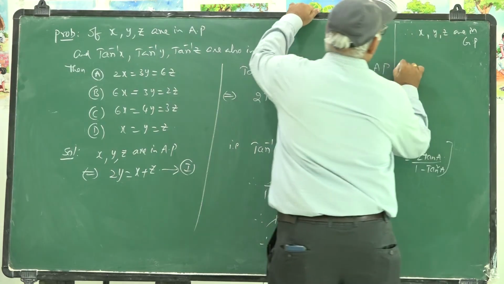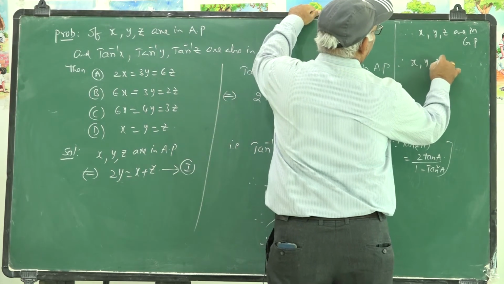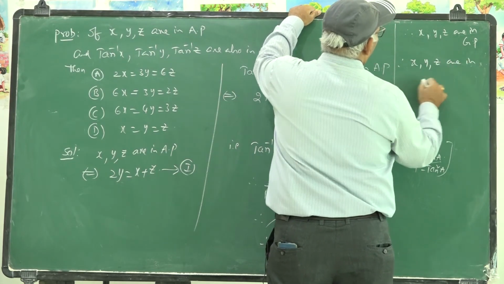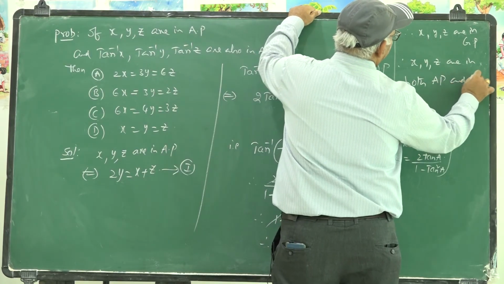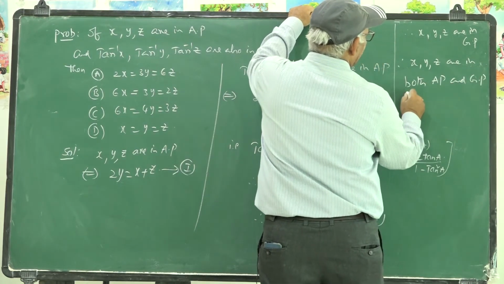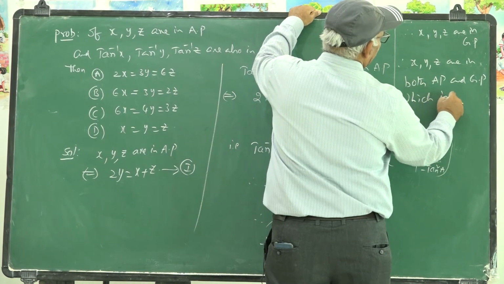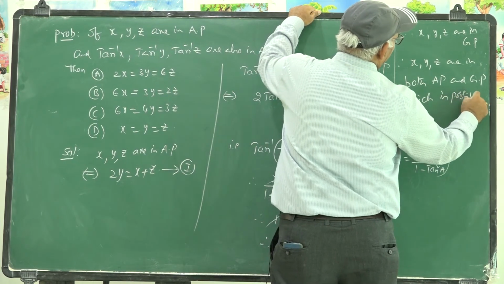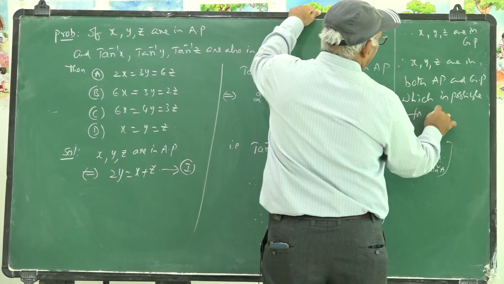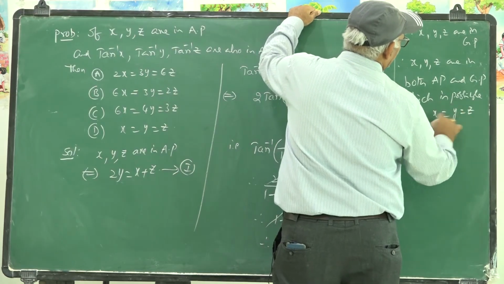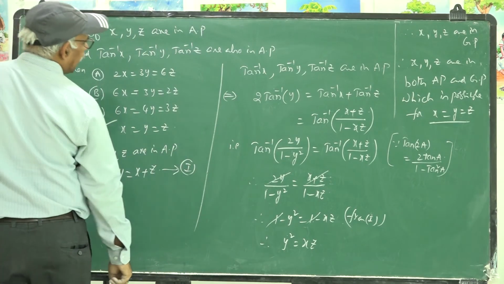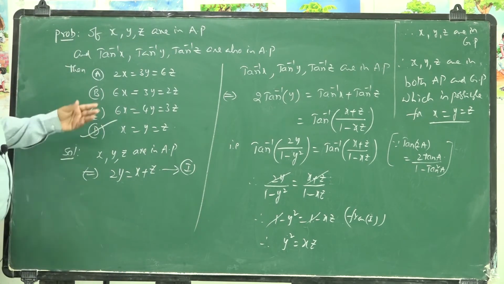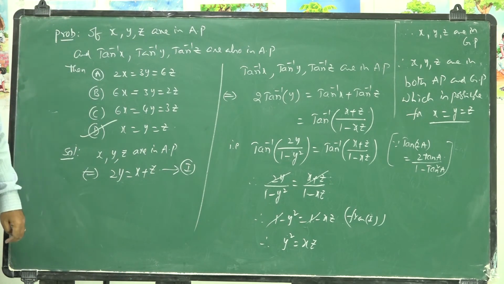So therefore, we can conclude that x, y, z are in both AP and GP, which is possible for x equal to y equal to z only. So the required result is x equal to y equal to z. This is also asked in competitive examinations.